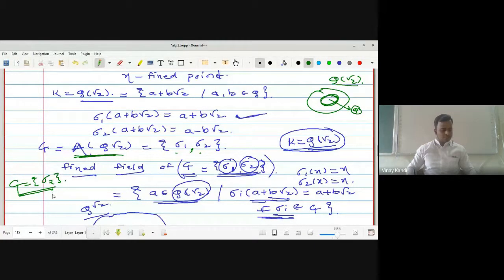Sigma 2 maps a plus b root 2 to a minus b root 2, correct? This is the mapping sigma 2. So every element of Q is fixed by sigma 2. So for this G, the fixed field of G is Q.